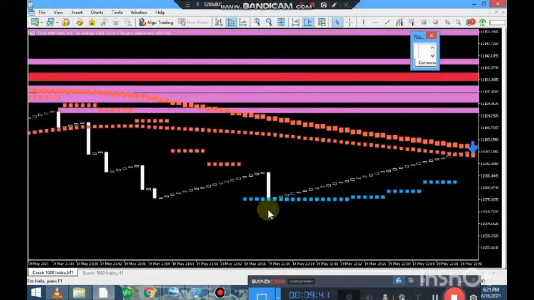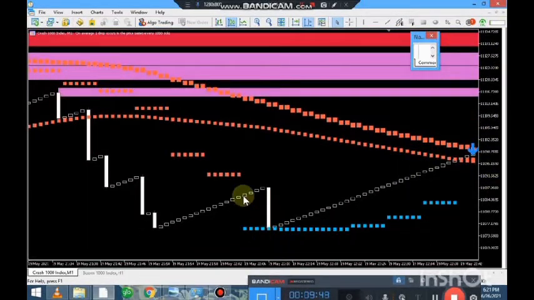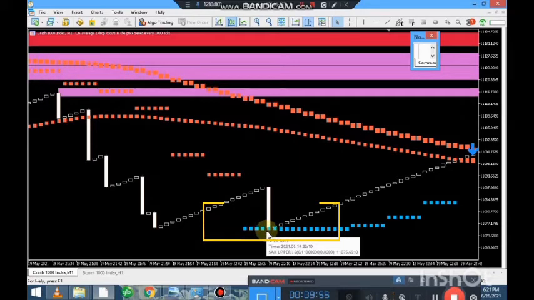So whenever you have a condition like this, you can look at it. It crosses below from here to here. Now you can see the bullish signal also closes not below, accurately on the trend.